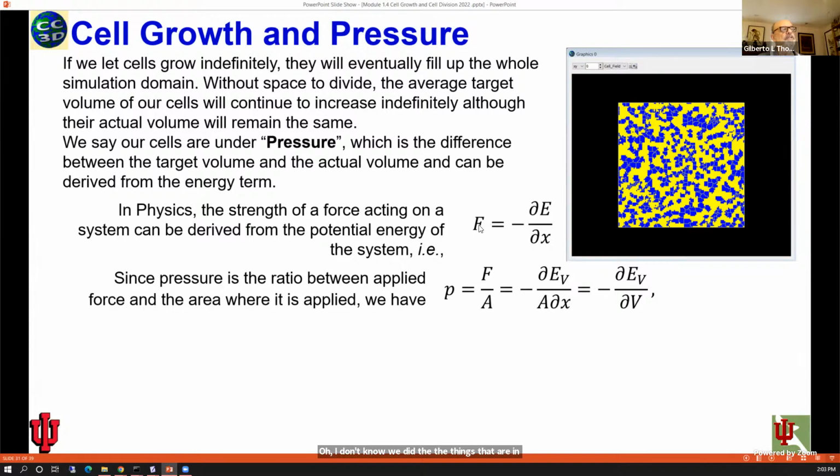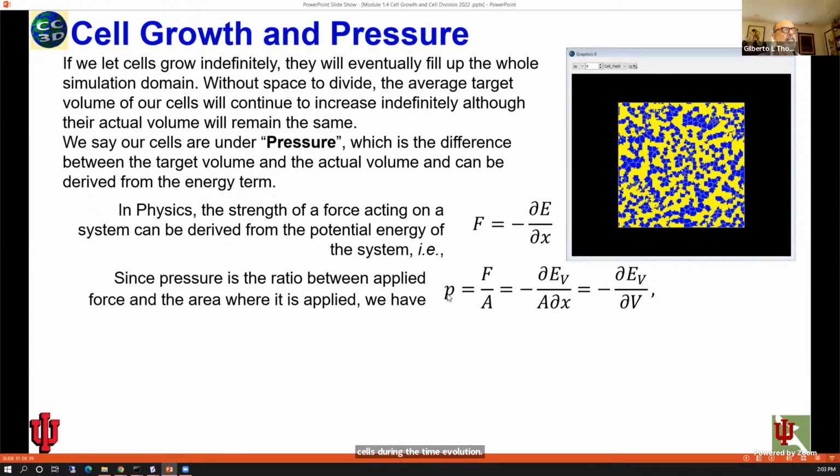Okay, substituting this force here, the first equation, the second equation, the denominator A delta X is how the volume of the cells varies during the time evolution.